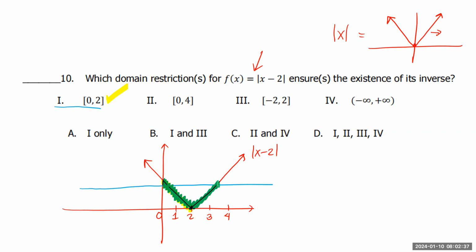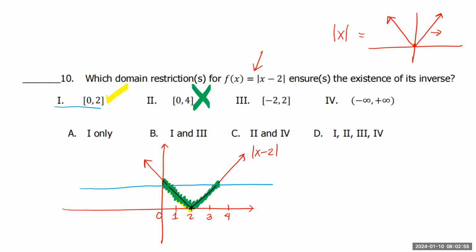Yan. The green shaded graph. So if yan lang yung matitira, masasabi ba natin na 1-to-1 yan? No, no? Because again, it does not satisfy the horizontal line test. So bawal yung number 2.